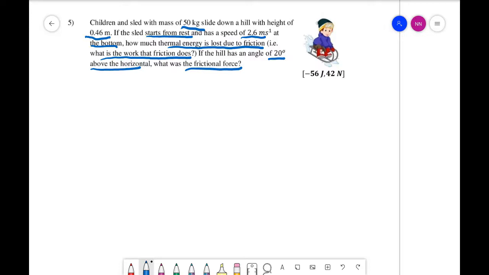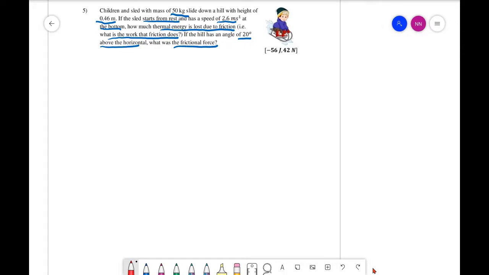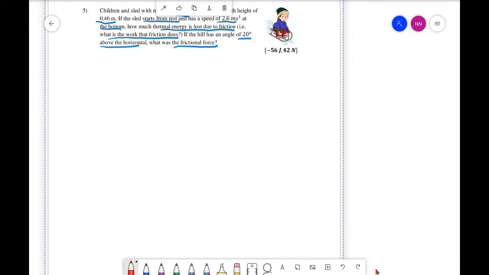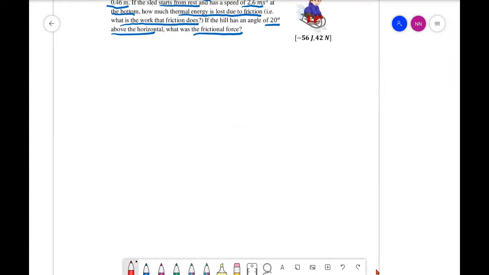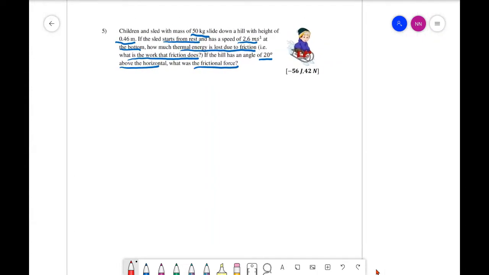So there is energy loss due to friction, so we can apply conservation of energy with dissipative forces. Total energy initial plus energy loss equals total energy final.